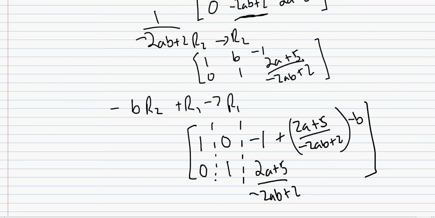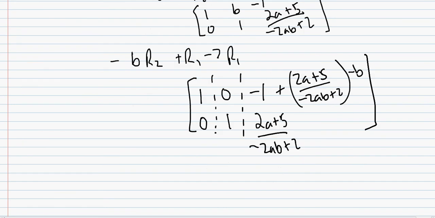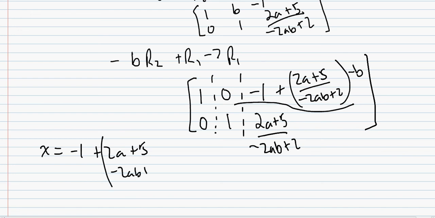I know it looks like a mess, but we can clarify this. We know that x has to equal negative 1 plus 2A plus 5, all over negative 2AB plus 2, times negative B, right?